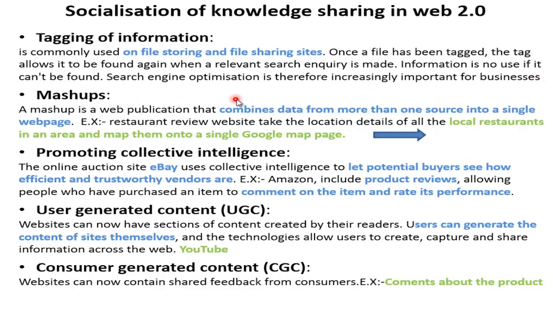Search engine optimization is therefore increasingly important for businesses. So when you tag the information and then search in the search engine, it gives information which is relevant to some pages in some other website.